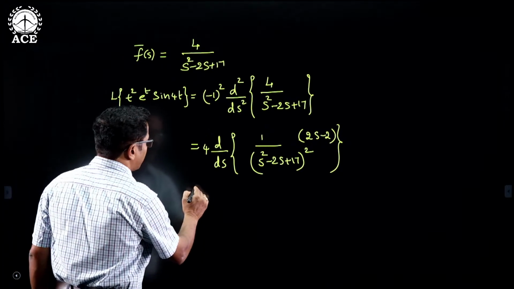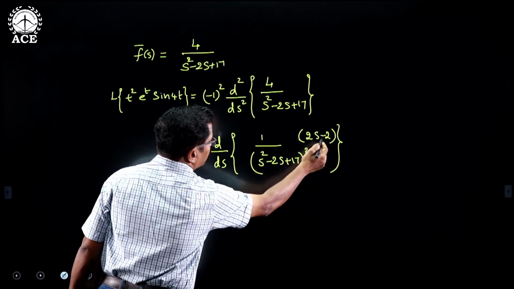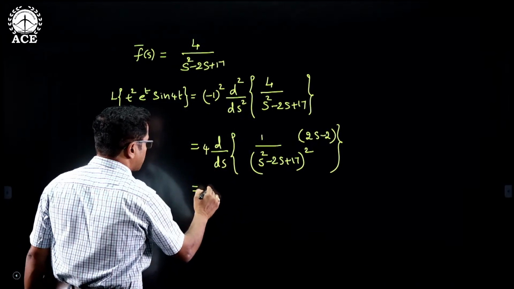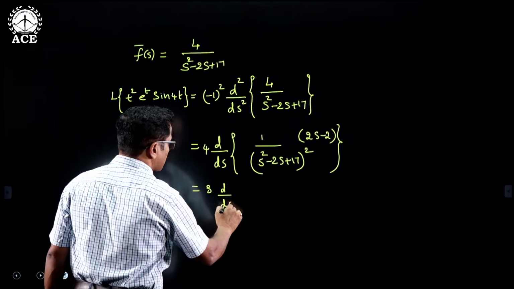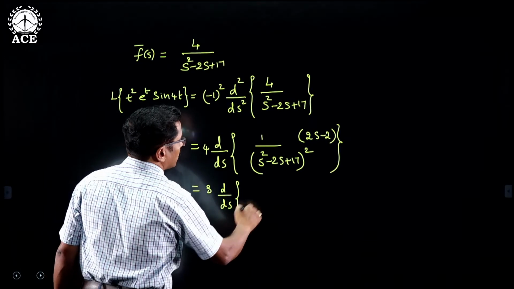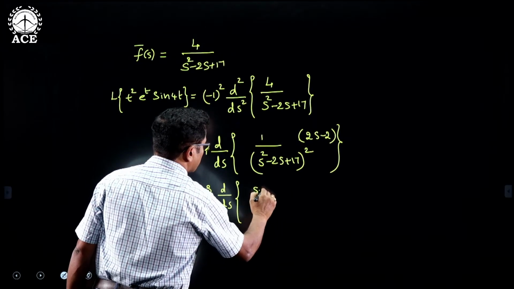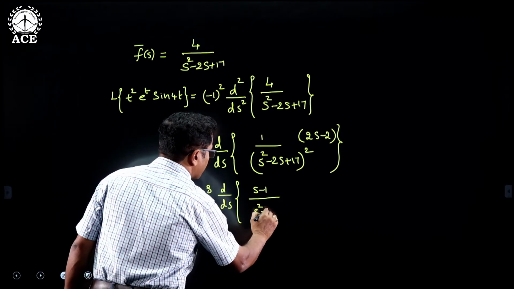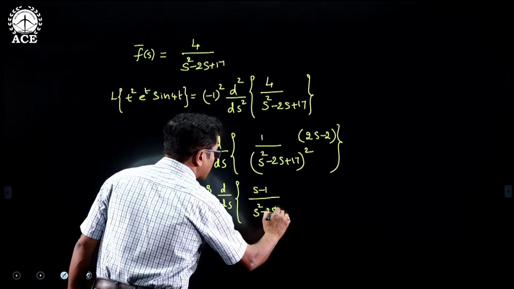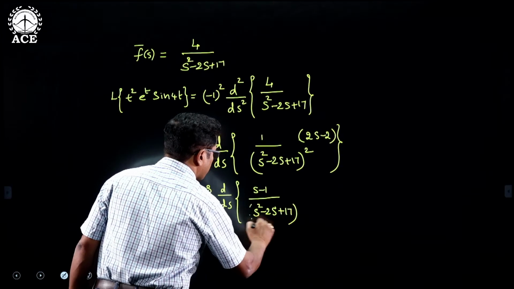Now we try to simplify. Here we can take 2 common. If I bring 2 outside, it becomes 8 d by ds of s minus 1 by s square minus 2s plus 17 whole square.